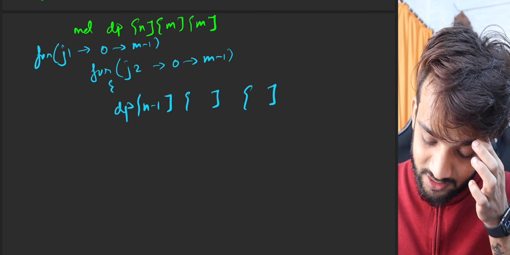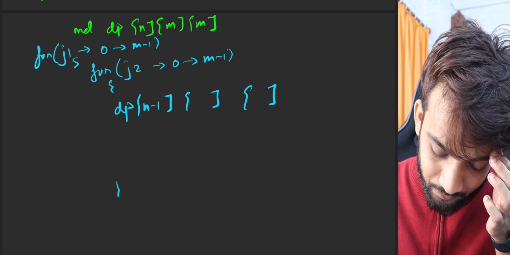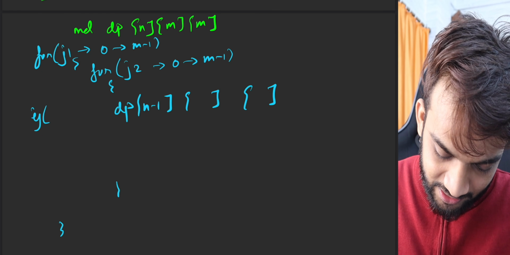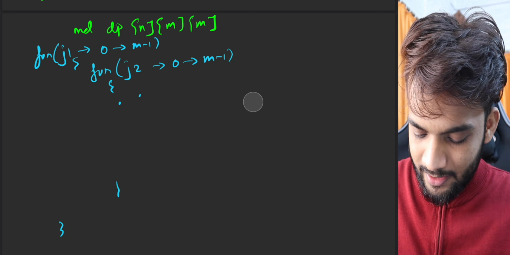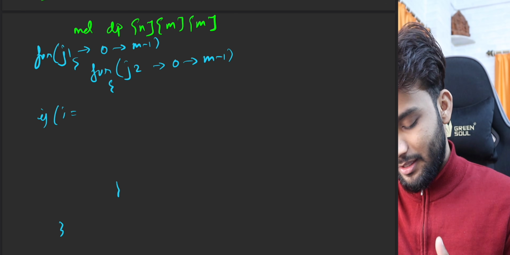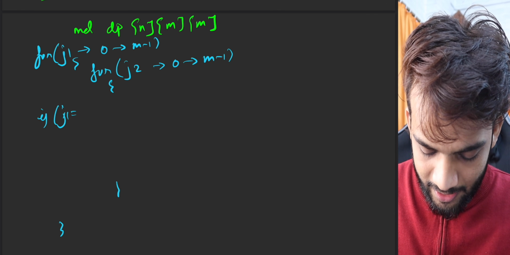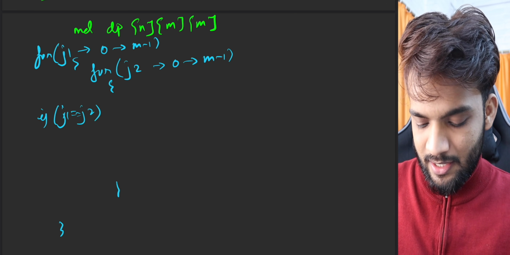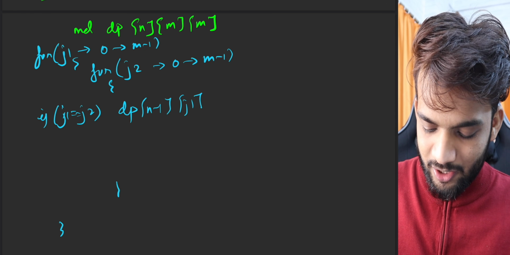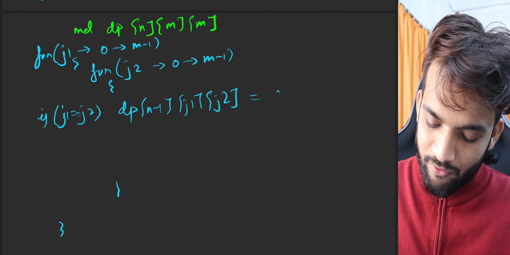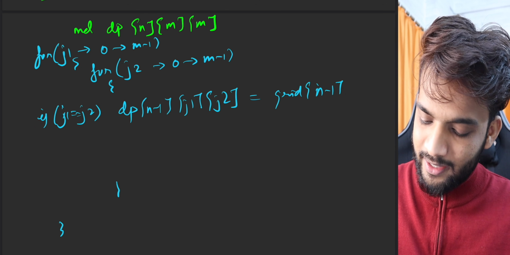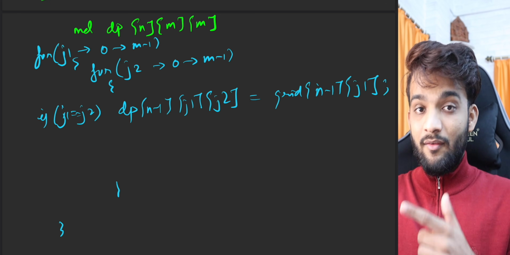And in both cases, if Alice and Bob are ending at the same position, can I say dp of the last row, j1 and j2, will be just taking one value of grid, which is grid of n minus 1, j1, one value.